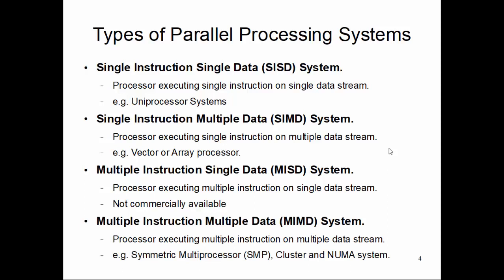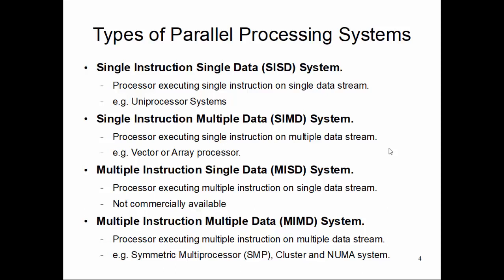Then the other is the multiple instruction multiple data system, which is again one of the popular ones nowadays. That is a processor executing multiple instructions on multiple data streams, like symmetric multiprocessor, cluster system, NUMA system. All these big efficient machines are examples of multiple instruction multiple data systems.